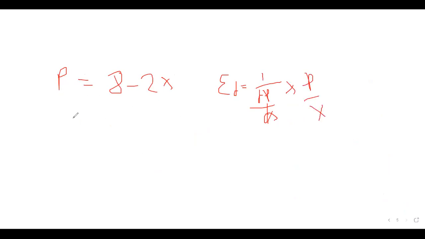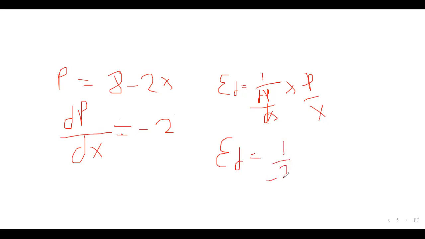So when you differentiate this one, you're going to have dp over dx, which is -2. So using this, we're going to have 1 over -2, times the price of good x, which was 4 kwacha, that maximizes revenue. And our final answer here is still the same.